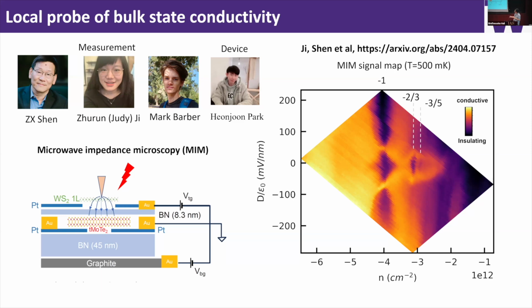The trick we use here is a monolayer WS2 on top as a top gate. Monolayer WS2 is another transition metal dichalcogenide, a semiconductor, so it's actually an insulator. But the trick is that in Xiaodong's group, they developed light-coupled measurements. Once you shine light onto this monolayer WS2, you inject photocarriers.